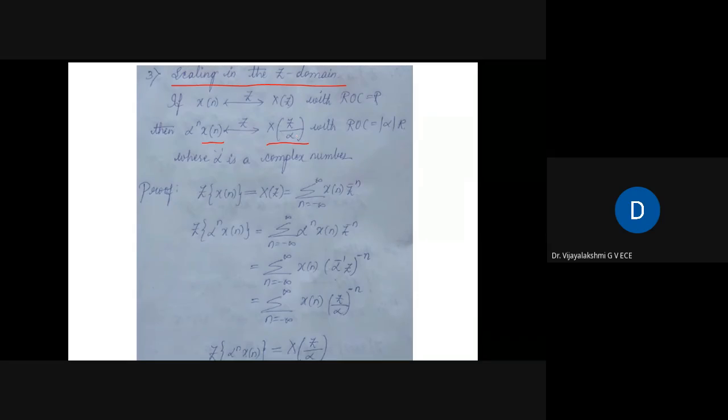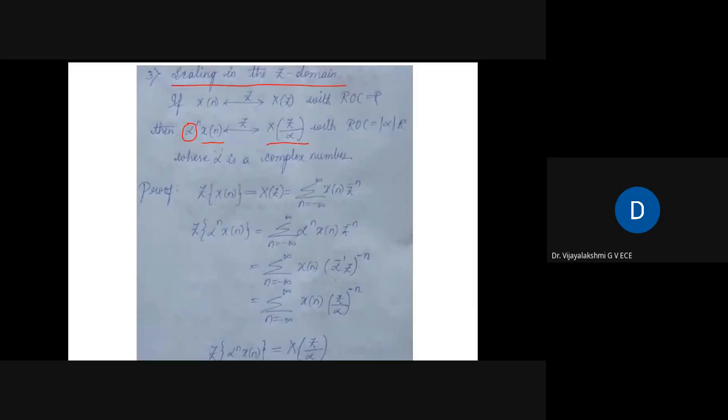So what is the corresponding response in the time domain? The signal x of n will get multiplied by alpha raised to n, where alpha is the factor by which z was scaled in the z domain.